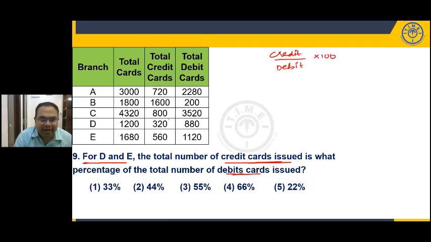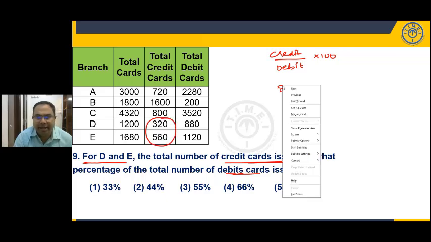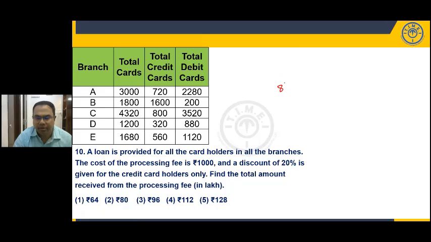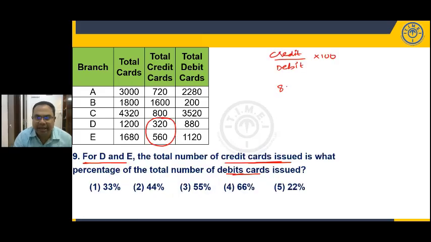For the credit cards issued, add these two, D and E, 880, divided by debit cards issued, 2000, into 100. 2 zeros cancel, 0 0 cancel, 88 by 2, half of 88, 44%.